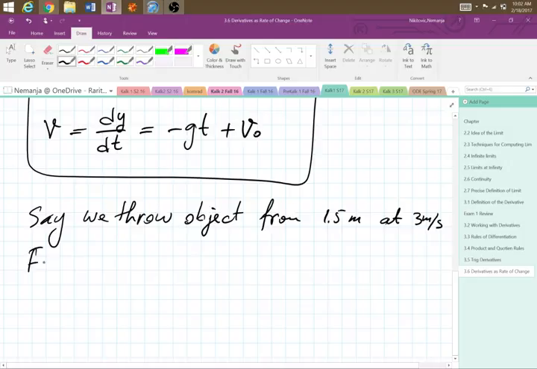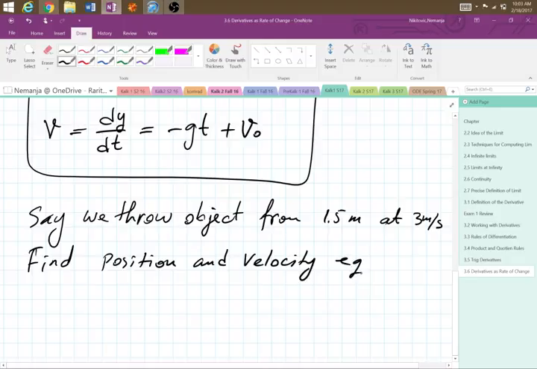Find the position and velocity equations. So that's part A. Part B, what's the max height?